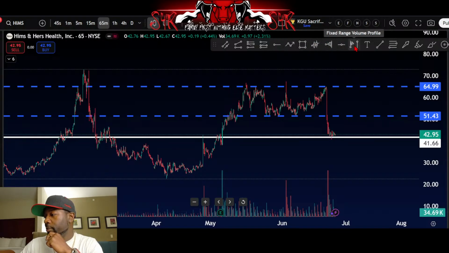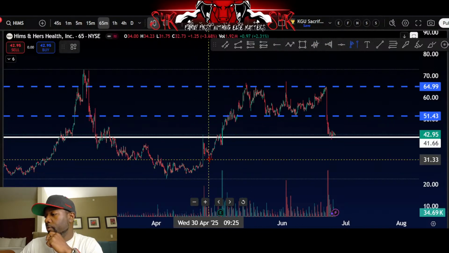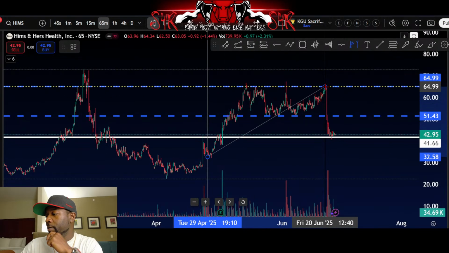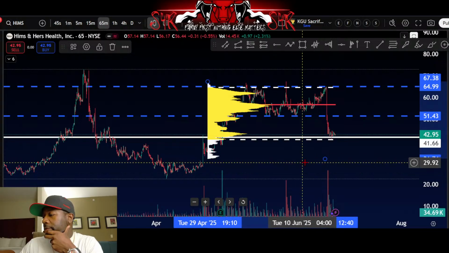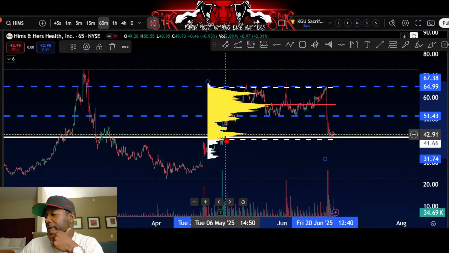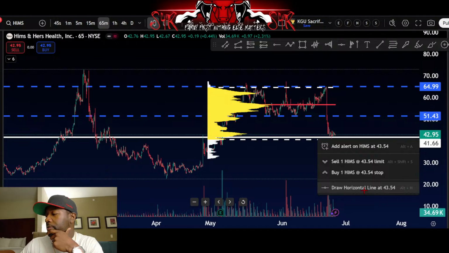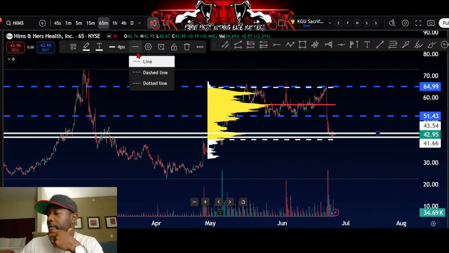Let's go with the fixed range volume profile. And I'm going to go from here to here. So yeah, exactly what I was thinking. I'm pretty on par with this high volume node, but I'm going to go ahead and mark it anyway.